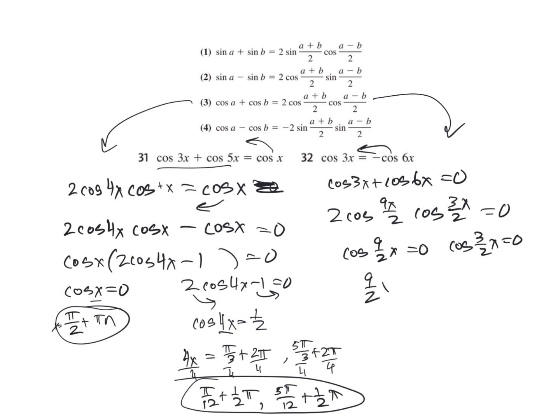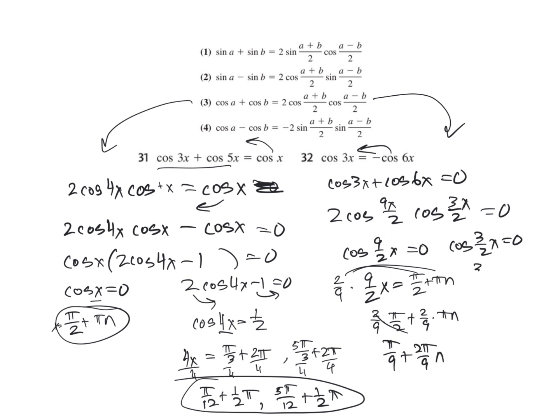So the cosine equals 0 at pi over 2 plus pi n. All right, so we're going to multiply everything by 2/9. So 2/9 times pi over 2 plus 2/9 times pi times n gives me pi over 9 plus 2 pi over 9 n.